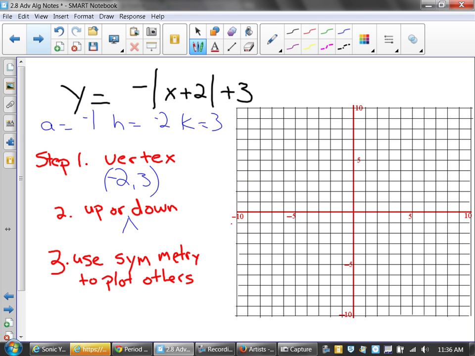So I know it's going to go downward. So I go to my vertex at -2 and 3. And now all I have to do is walk the slope. The slope was -1. Down one, right one, down one, right one.